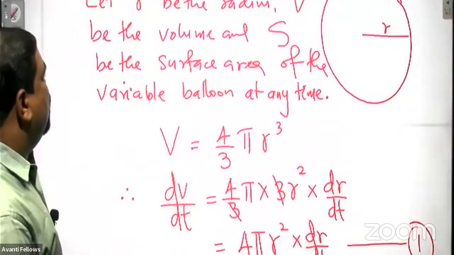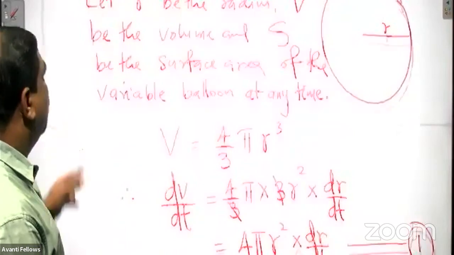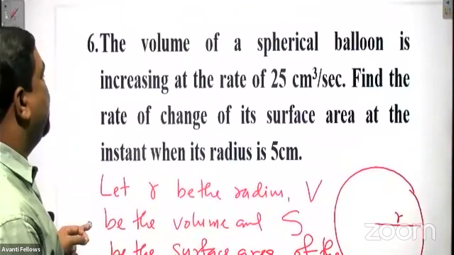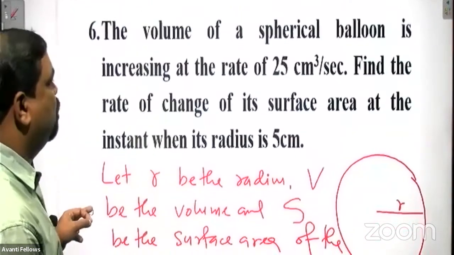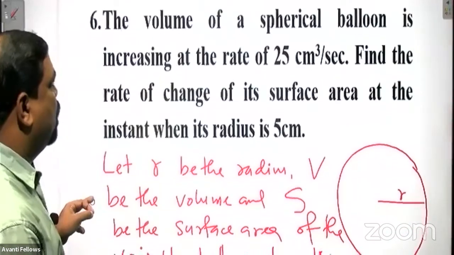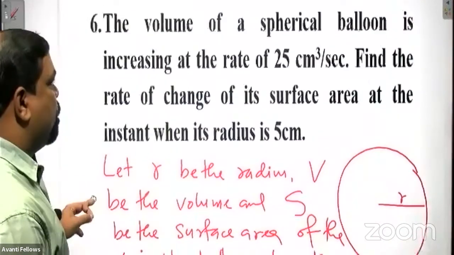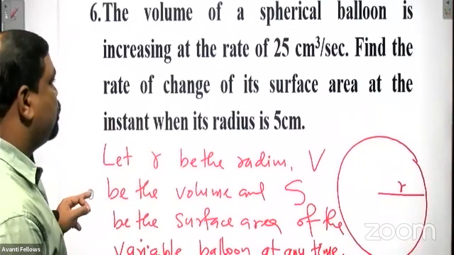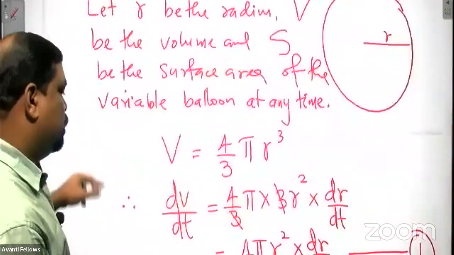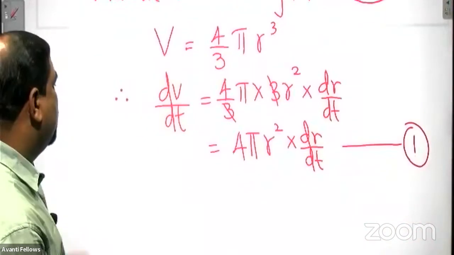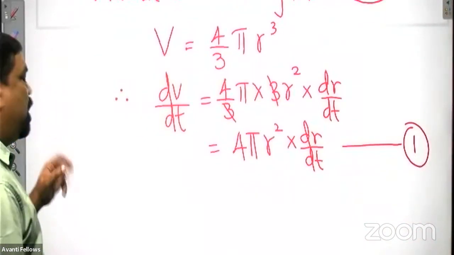Now what is given in the question? dV by dt is given. That is 25. We will calculate what is the value of dr by dt.